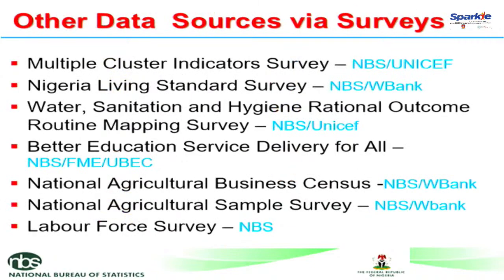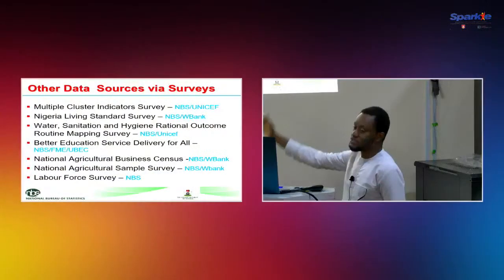Then other data sources via survey, we have the MICS, which is sponsored by UNICEF. Then we have the Living Standard survey by World Bank. Then we have WASH NORM, which is water, sanitation and hygiene outcome routine mapping survey, also sponsored by UNICEF.